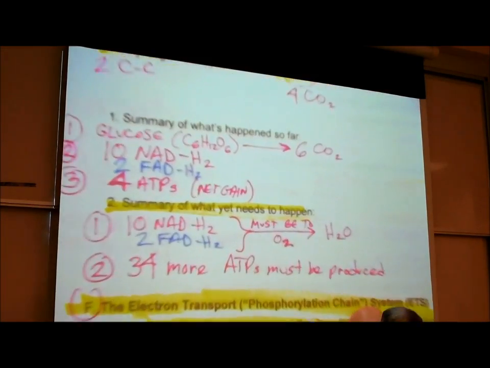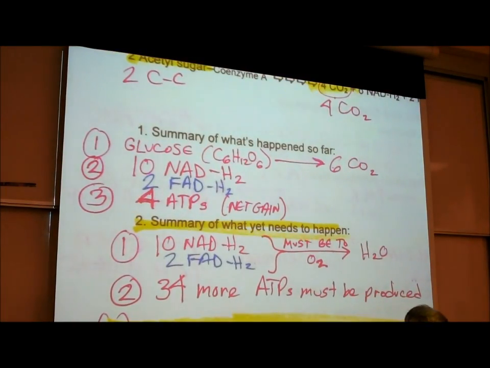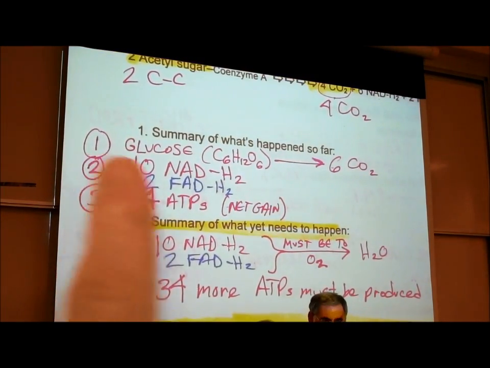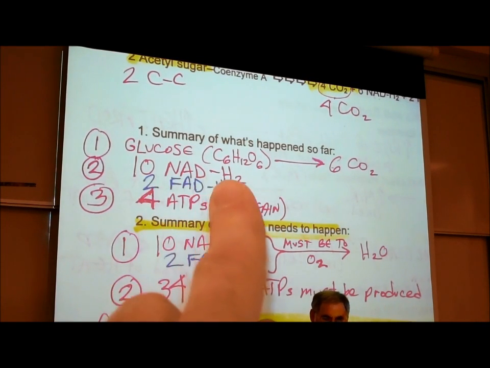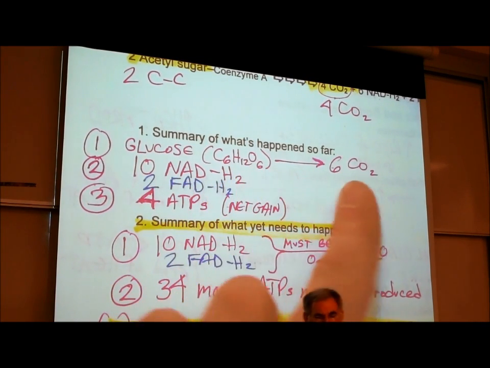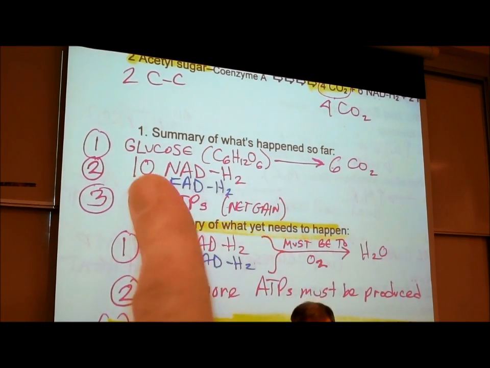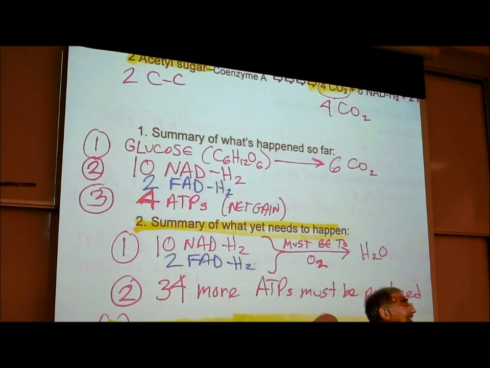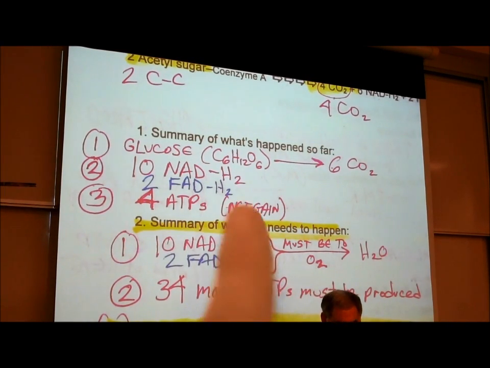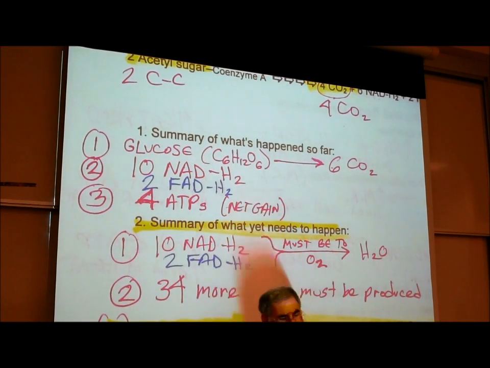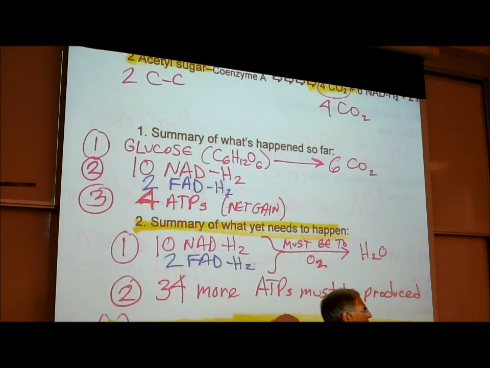So far, in cellular respiration, number 1, glucose, C6H12O6, has been broken apart into 6 carbon dioxides. Number 2, a total of 10 NADs have each picked up a pair of hot potato hydrogens. In case you're thinking, how do you account for 10?